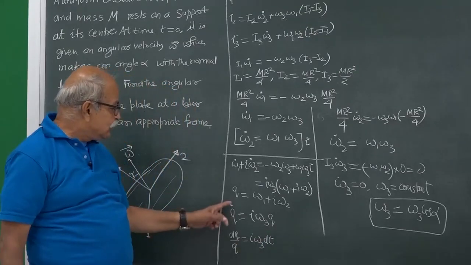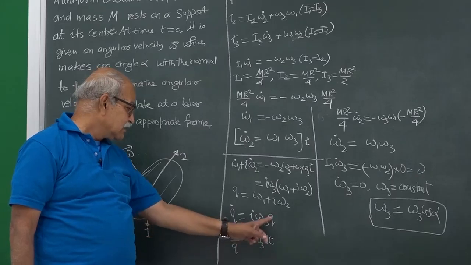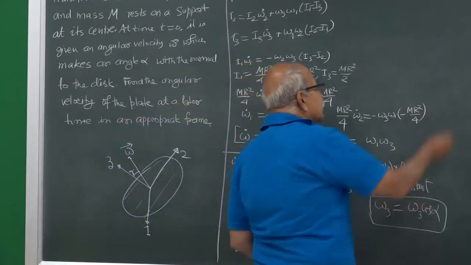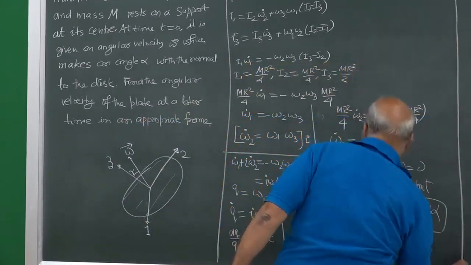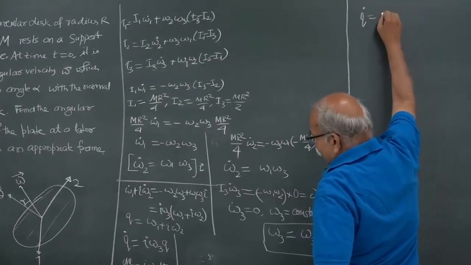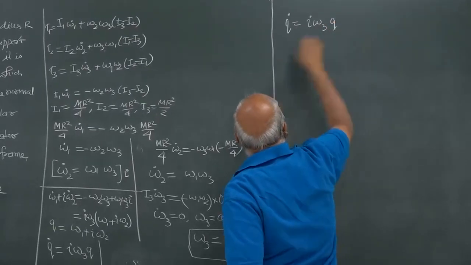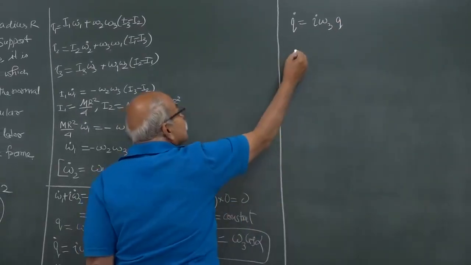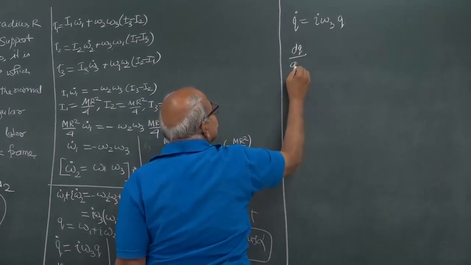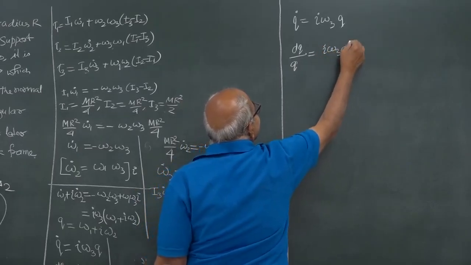Q dot is dq by dt, that dt goes this side, and q comes here, dq by q. What I have is q dot equal to i omega 3 q. So, I am integrating dq divided by q equal to i omega 3 dt.